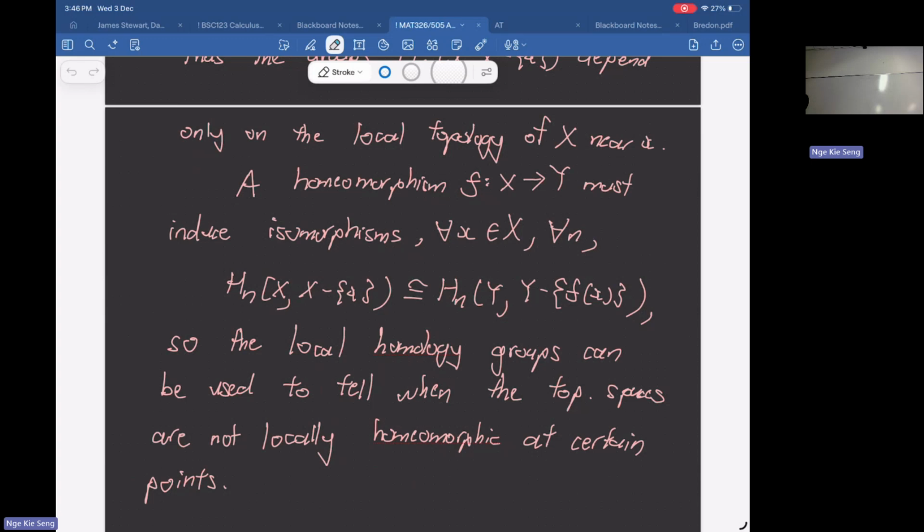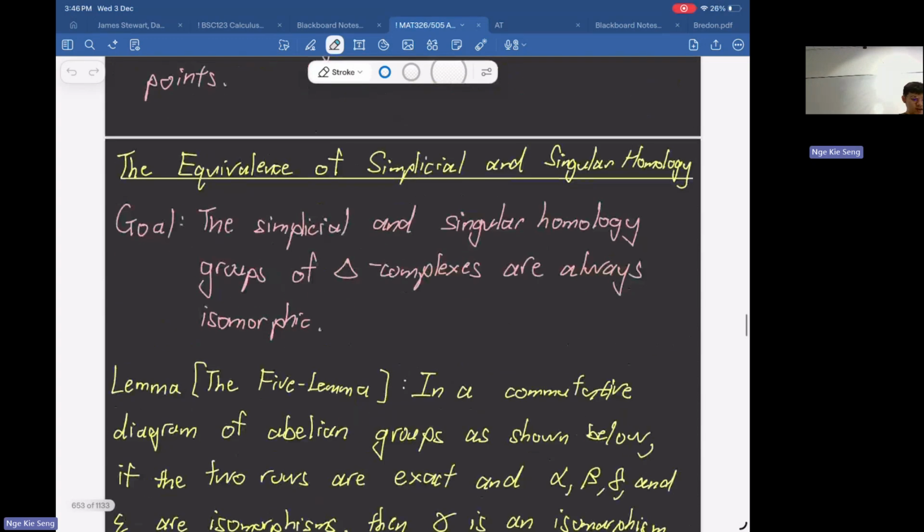You can only say that if the homologies are not the same, the spaces are not homeomorphic. You cannot say that if the H1 is the same, they are homeomorphic. You cannot use the converse, but you can use the contrapositive.